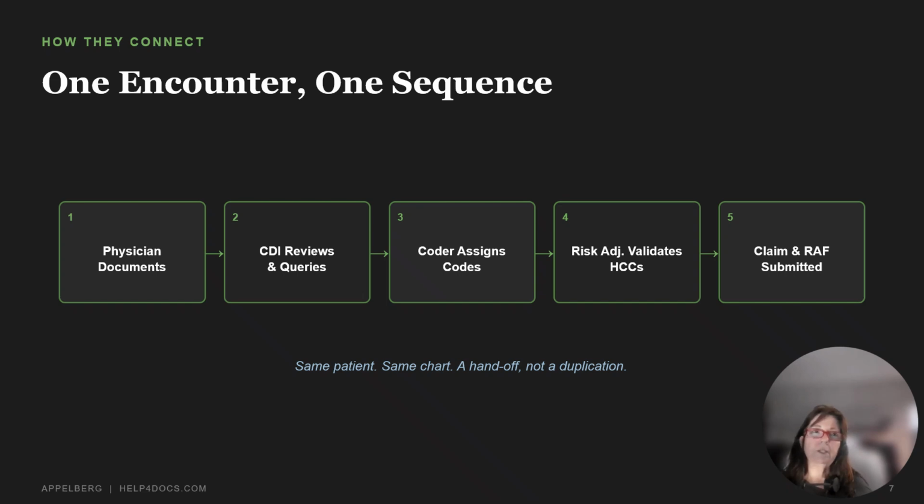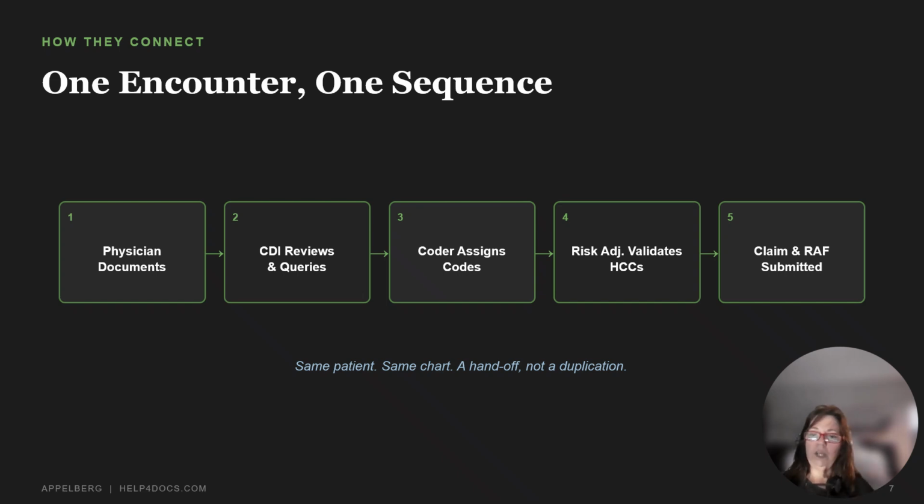In some of the automated systems now, it's actually the provider who's putting in the diagnosis and code in the EMR, and those automatically go onto the claims. And so it makes the role of a risk adjustment specialist and CDI team that much more important to provide that education to providers and to ensure that the accurate and correct codes are being captured.